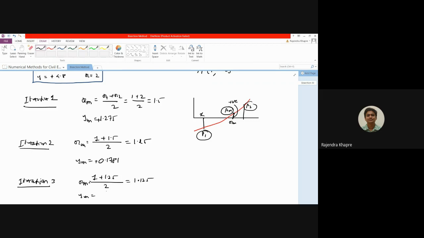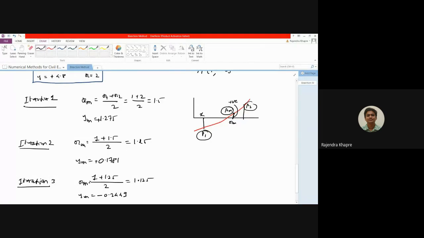Please tell the sign also, whether it is negative or positive. Negative 0.2449. Yes. Okay, so now you see, for the first time we are getting the y value as negative.